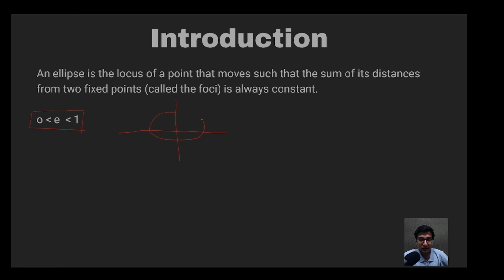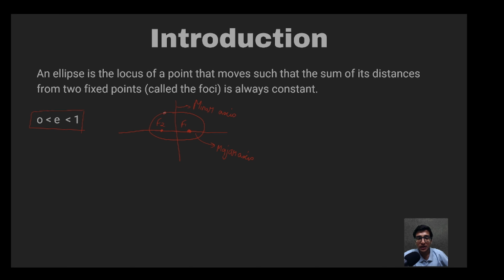This is somewhat how our ellipse looks like. This is what we call the major axis. Here there is one focus, F1. Here there is another focus, F2. This one, the shorter one, is what we call the minor axis.